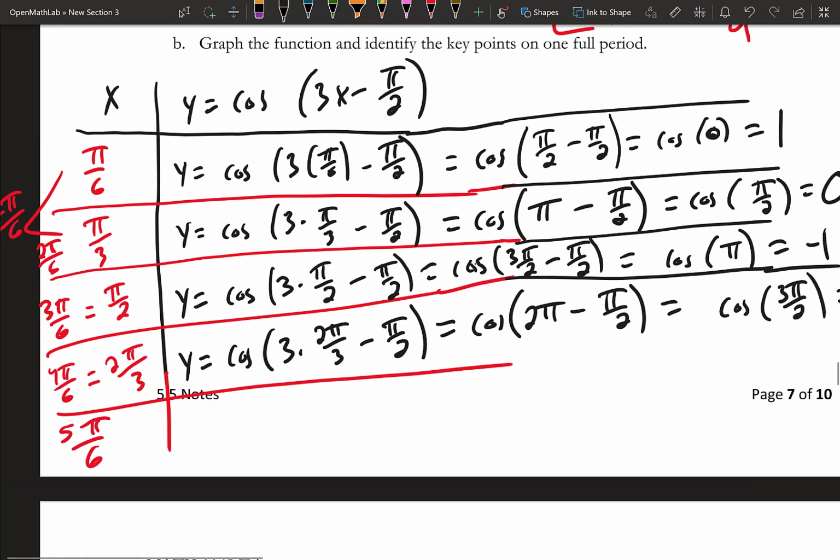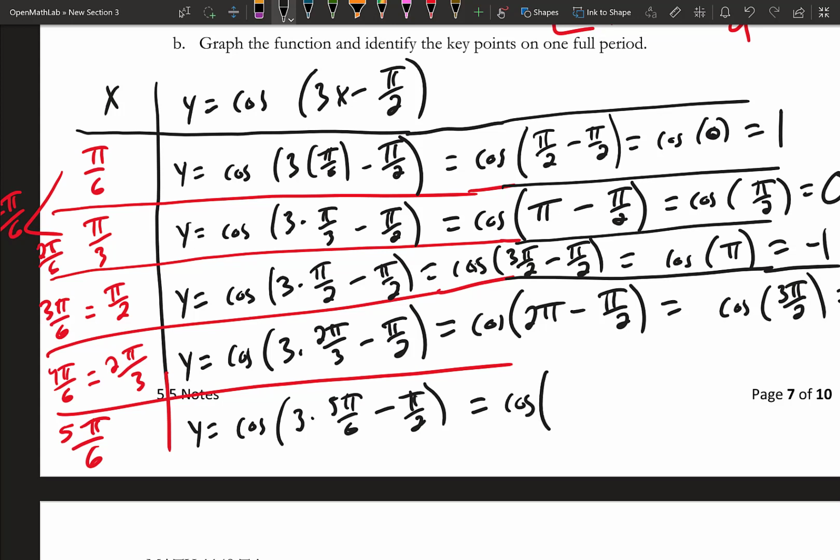And then lastly, we have y equals cosine of 3 times 5 pi over 6 minus pi over 2, which would be equal to cosine of, 3 times 5 pi over 6 would be what, 5 pi over 2 minus pi over 2, which is equal to cosine of 2 pi.